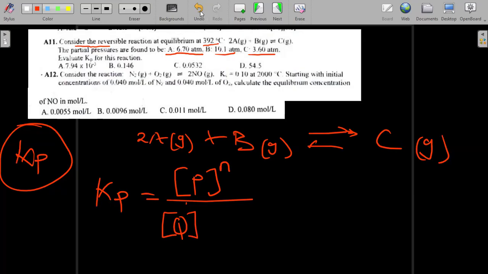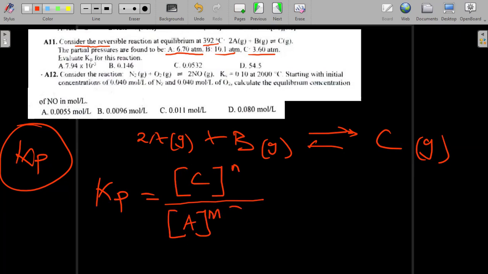Let me just use the letters that are here, so let me say this is C. So the pressure of C raised to its coefficient moles, divided by the pressure of A raised to its coefficient moles, and then divided by the partial pressure of B raised to its coefficient moles. So we can say this is T. This T, M, and N, we can get from the chemical equation there.